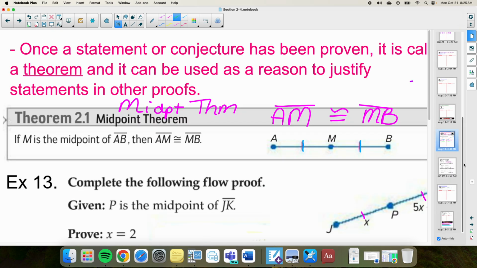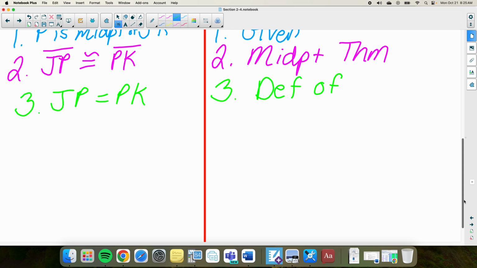Definition of congruent segments. Okay. That is the geometry part of this proof. Now, again, you can't substitute into a segment. You have to take the bars off, because now this means the measure of JP equals the measure of PK.